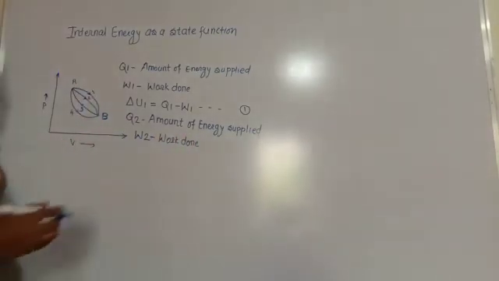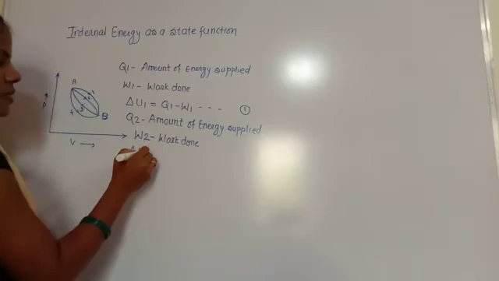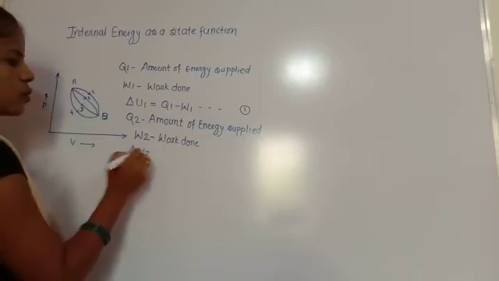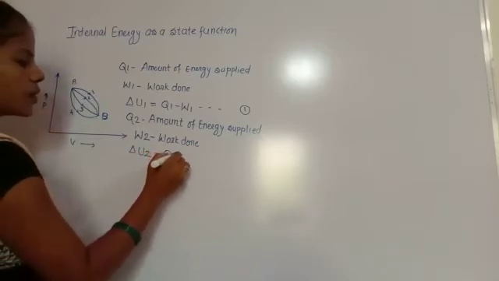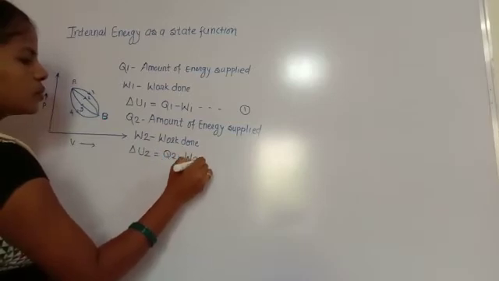Therefore, the change in internal energy ΔU2 equals Q2 minus W2. This is the second equation.